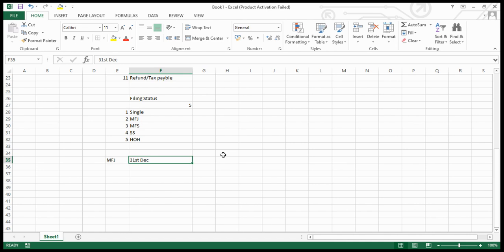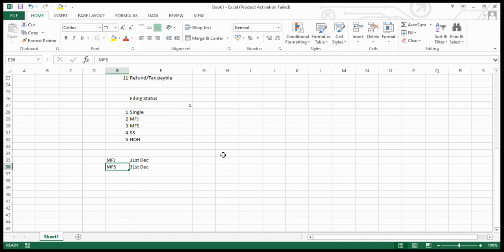So MFJ we will get on the 31st December, and if someone has applied for the divorce or is staying apart for the complete tax year, but did not get the confirmation from the court or any other law, they can file MFS, married filing separately. So that is the only thing you can differentiate between MFJ and MFS.